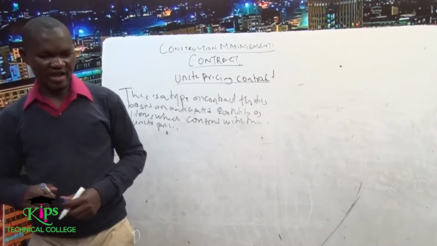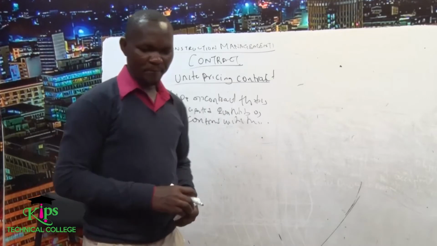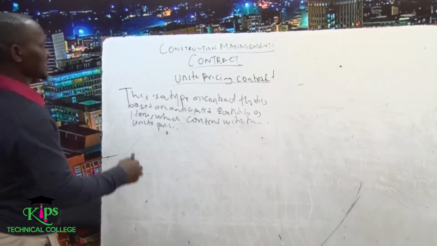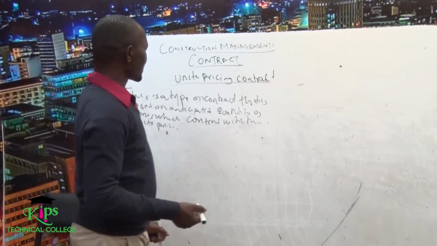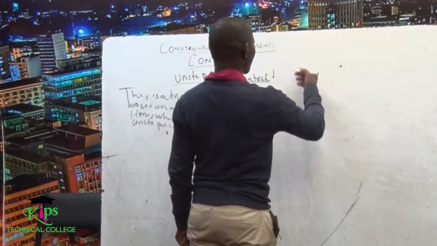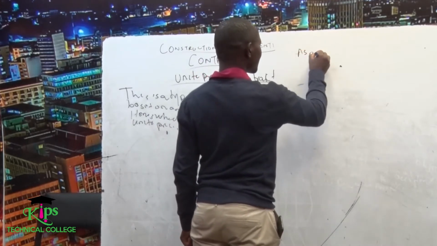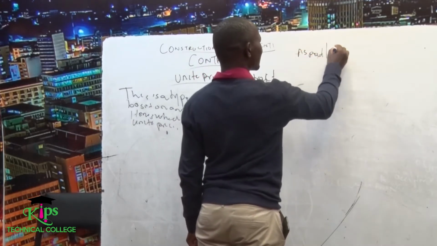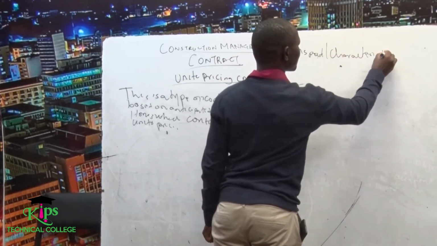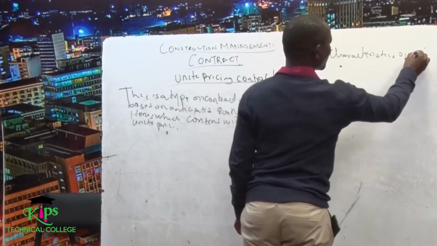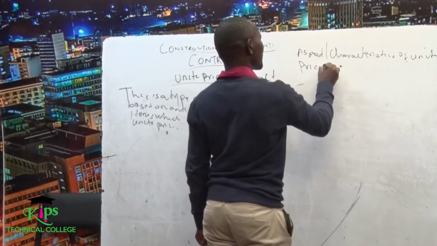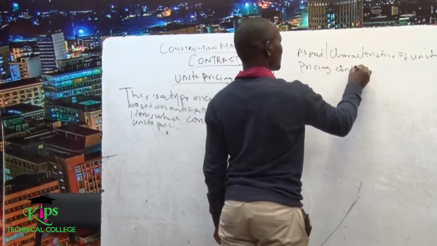So we have a main aspect of unit price contract, where again you can be asked in an exam situation to state two aspects of unit pricing contract. So we say aspects or characteristics of unit pricing contract.